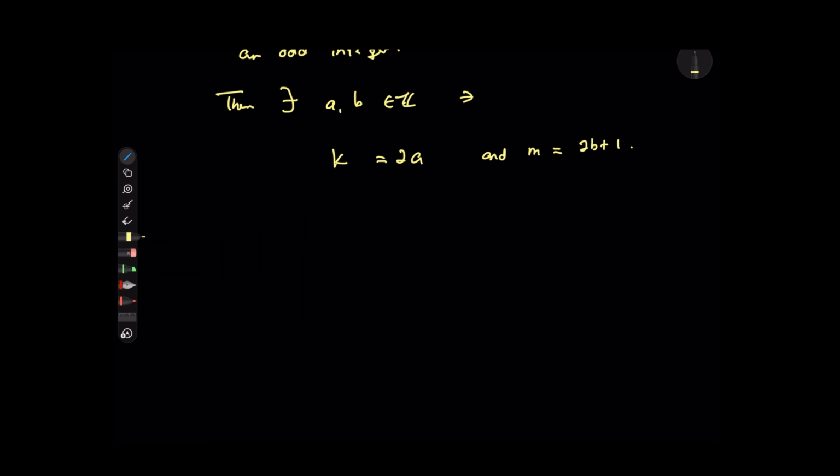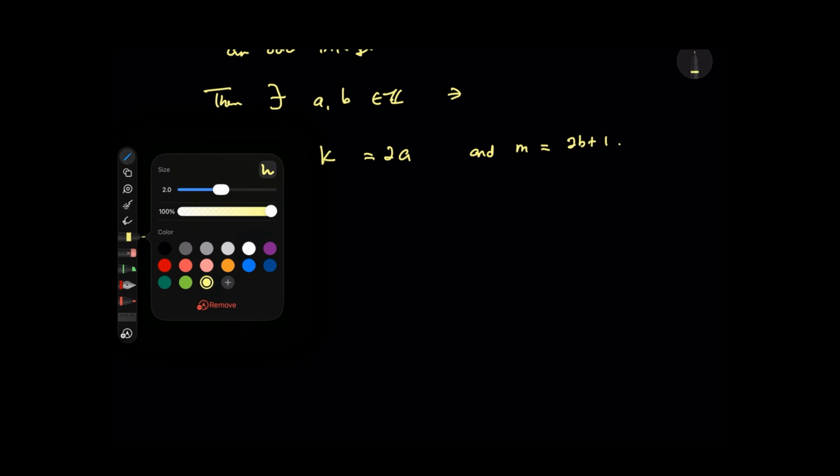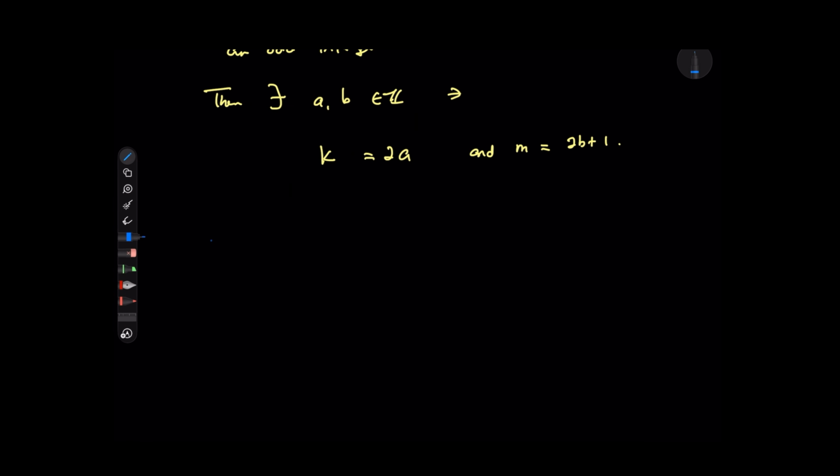Okay, so let's substitute this now. Let's do it piece by piece actually. So for the first term, I'll have k plus 2m, which is equal to 2a plus 2 into m, which is 2b plus 1.